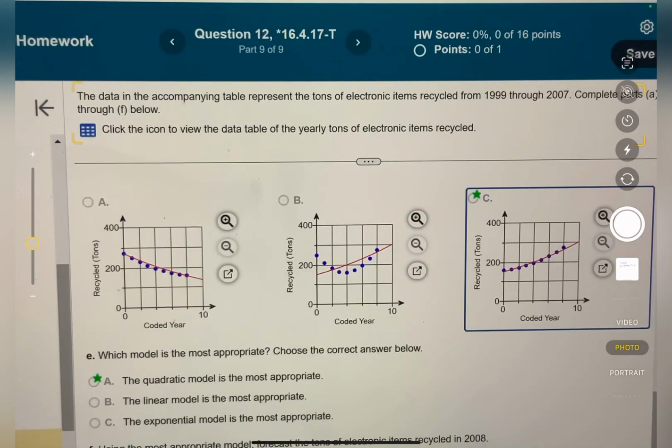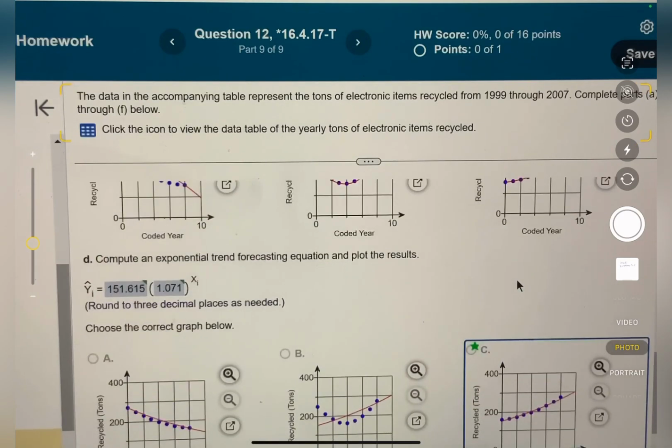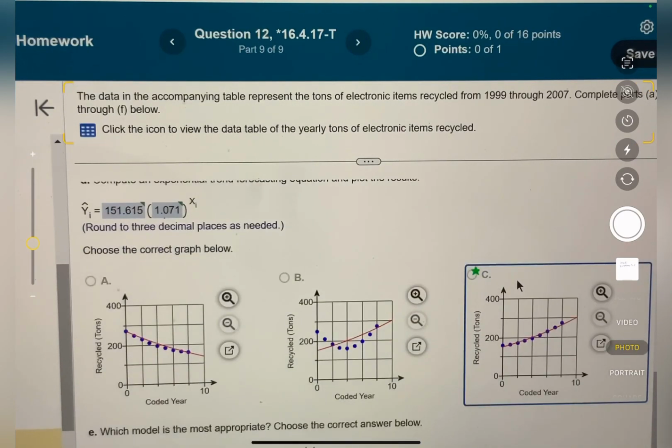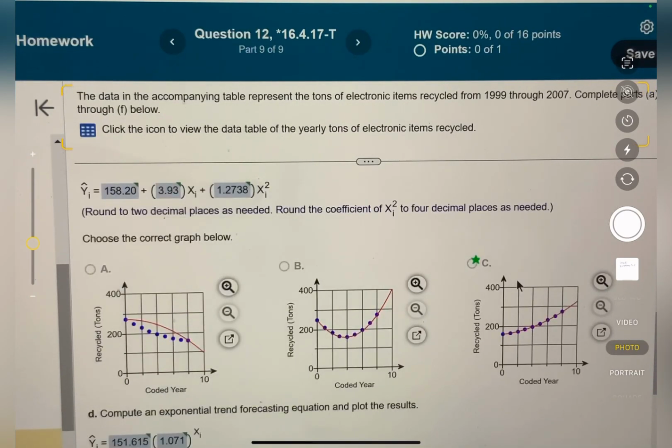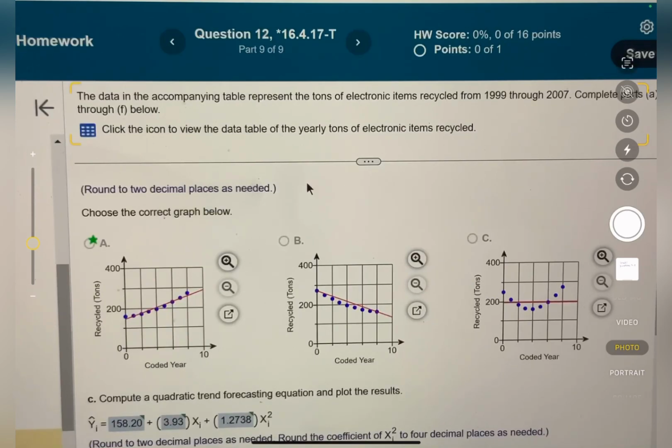Here it is, C. Hold on. This is the exponential one, right? Yeah, exponential one. This is a quadratic one. And this is linear. Where is linear?